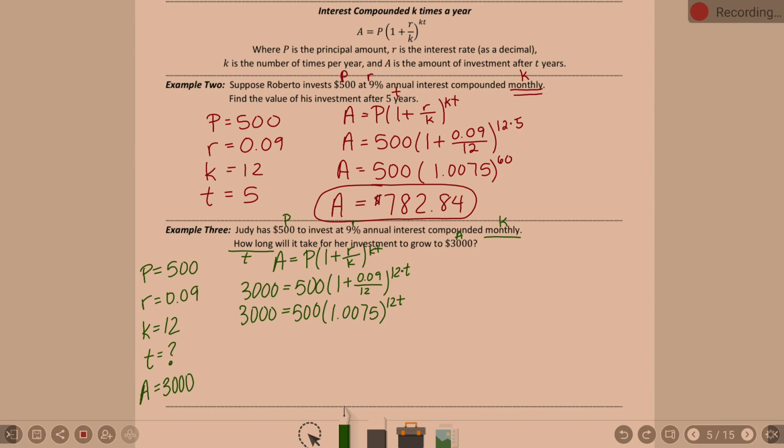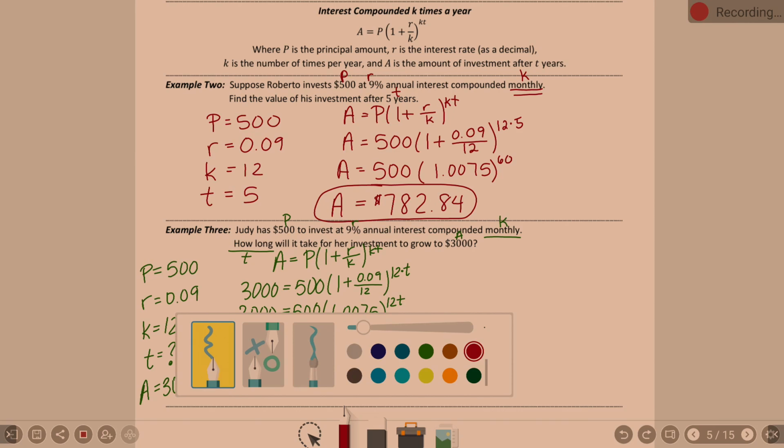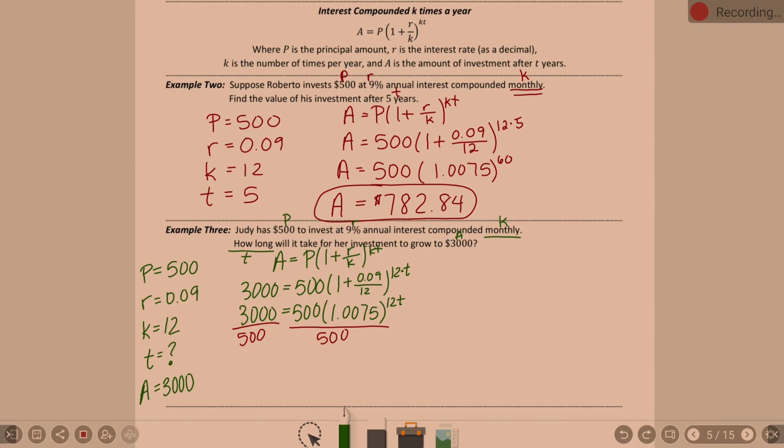To get rid of the times 500, we're going to divide by 500. 3,000 divided by 500 is 6. So now I have 6 equals 1.0075 raised to the 12t. Does this look like something from last night's homework?